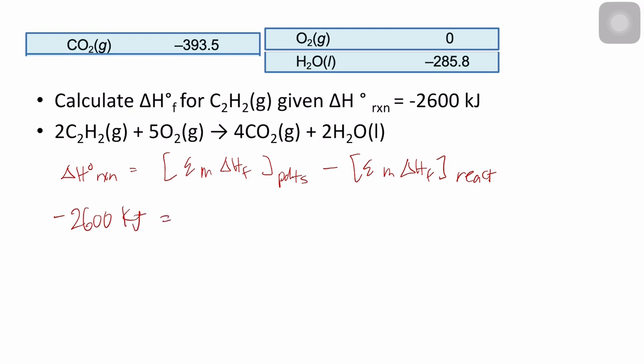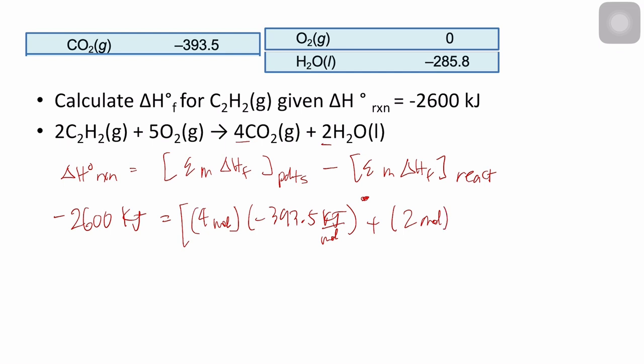Your products would be 4 moles of carbon dioxide, CO2, which has negative 393.5 kilojoules per mole. And then we add the second product, 2 moles of water, negative 285.8 kilojoules per mole.